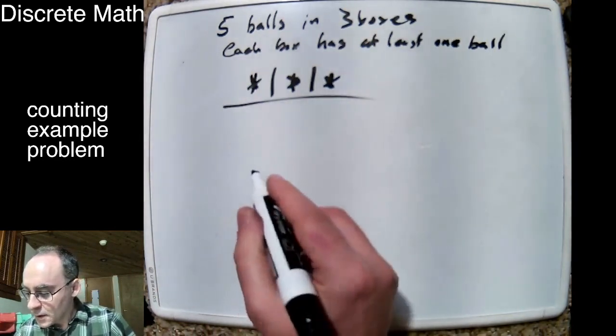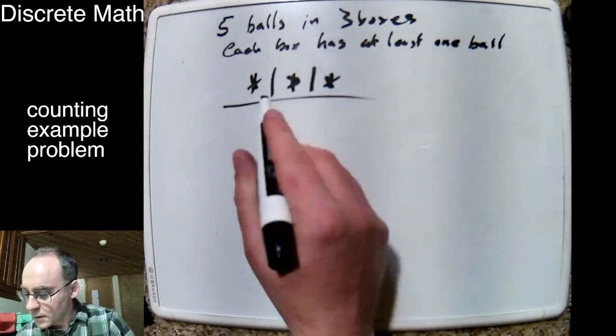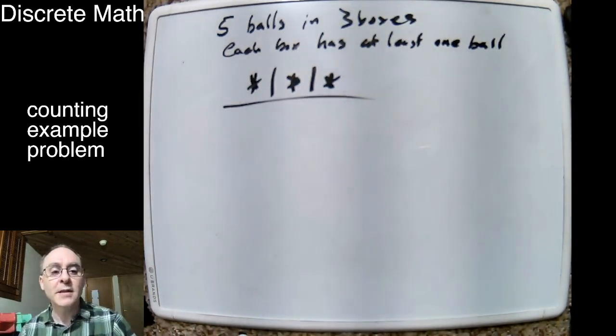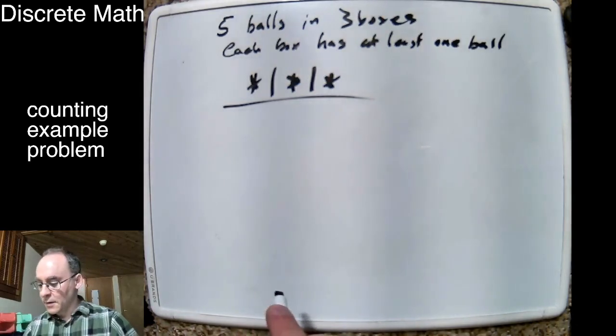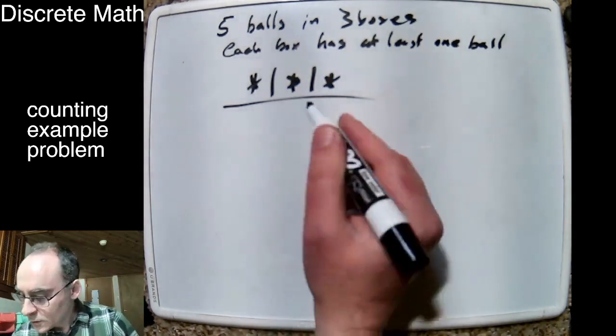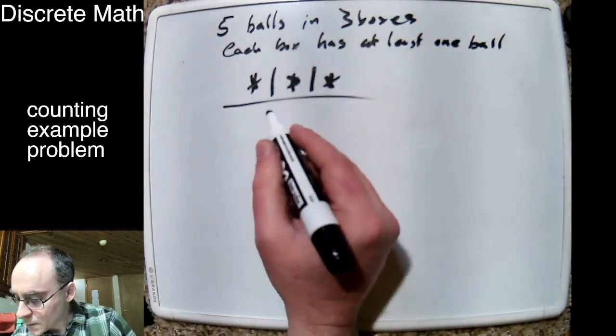Again, I've got 2 stars to distribute and 2 vertical lines separating the 3 boxes. If you remember the formula there, it's going to be 4 choose 2.